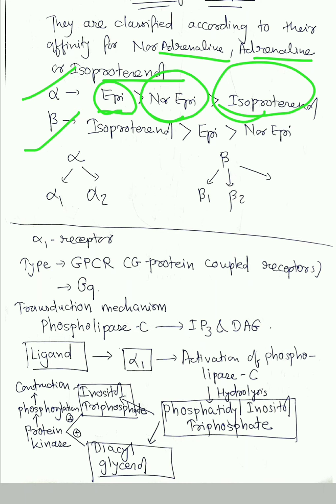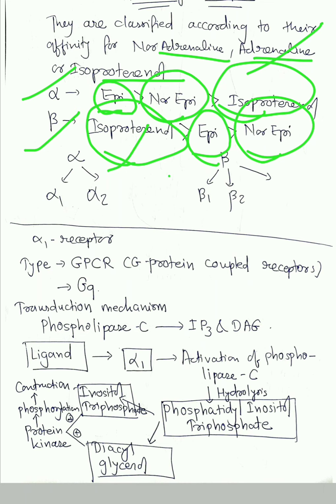While beta receptor is the reverse, it has more affinity for isoproterenol than epinephrine and then norepinephrine.